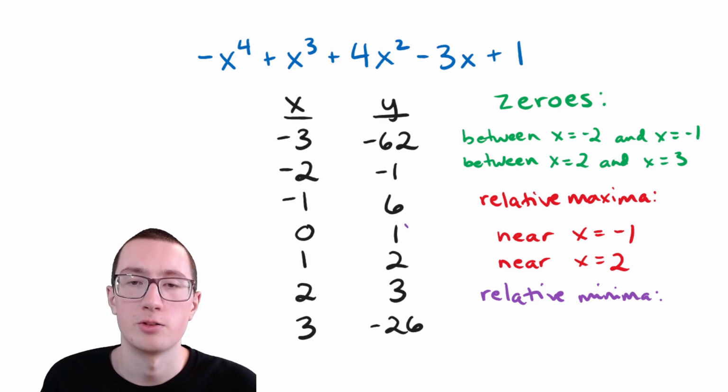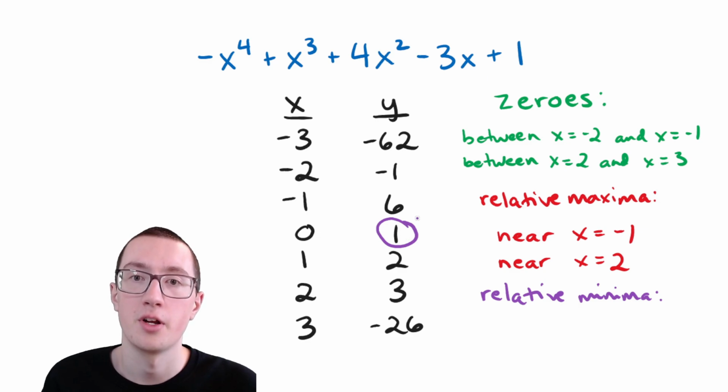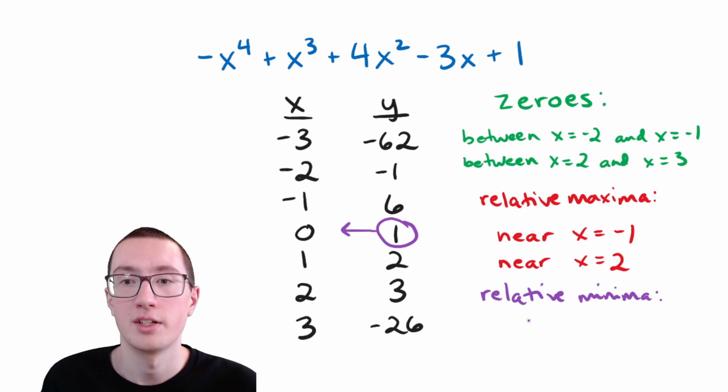For it to be a valley, it needs to have gone up on both sides. Well, the only one I'm seeing here is right here. And this is a relative minimum because it's a small number that's surrounded by numbers that are bigger than it. And in this case, we're going to have x equals 0. So our relative minimum and our only relative minimum is going to be near x equals 0.